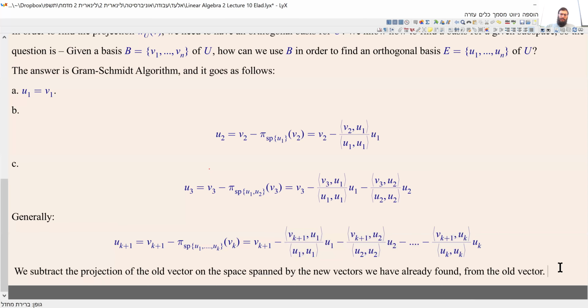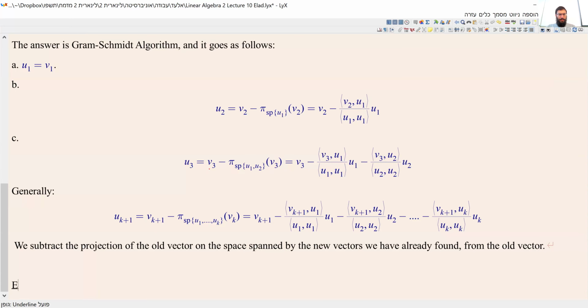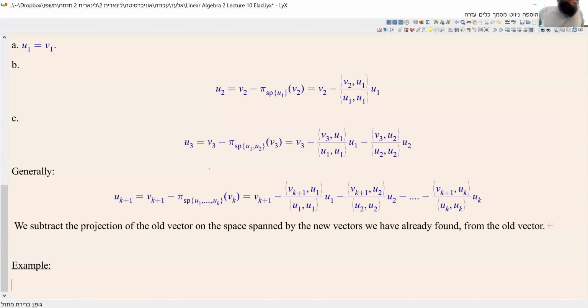Let's go for a nice example, and then we can move on to the proof. I have some notes about this algorithm. So be not afraid. Gram-Schmidt is dark and full of terrors, but using an example, it shouldn't be very terrifying.